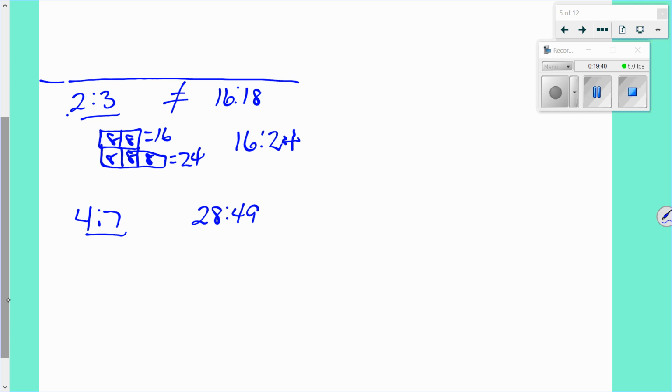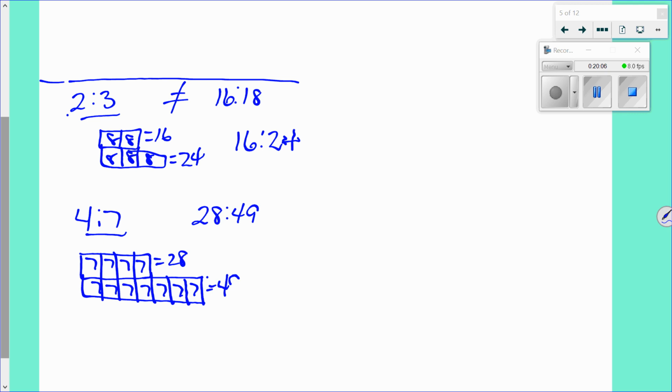4 to 7, we have 4 on top and 7 on the bottom. So on this one, how do I go from 4 to 28? What's my ratio constant? So that gives me a ratio constant of 7. So I continue my ratio constant. 7 sevens gives me 49.